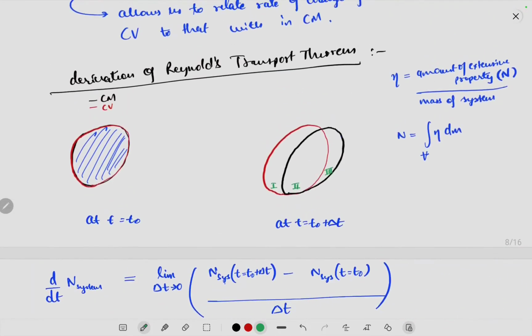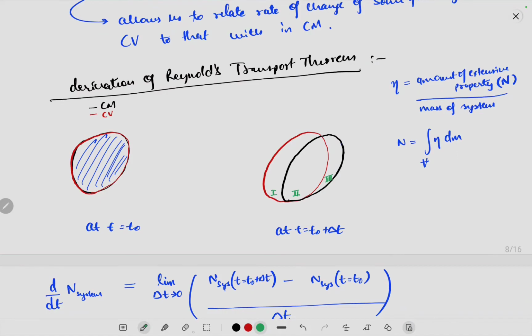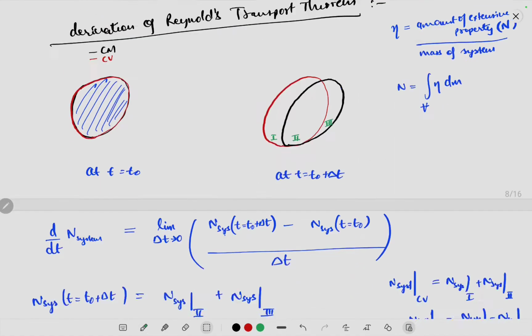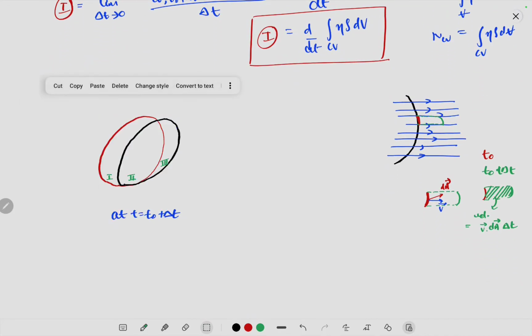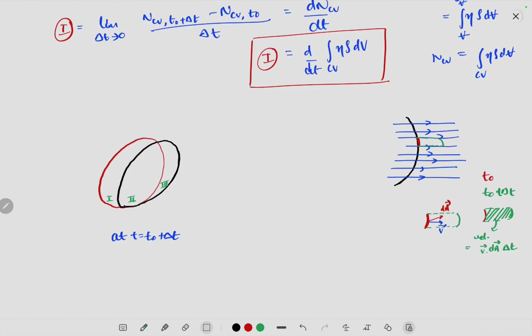So what we had was, let's again copy paste this image. We had this problem. Now, the same thing is happening over here.